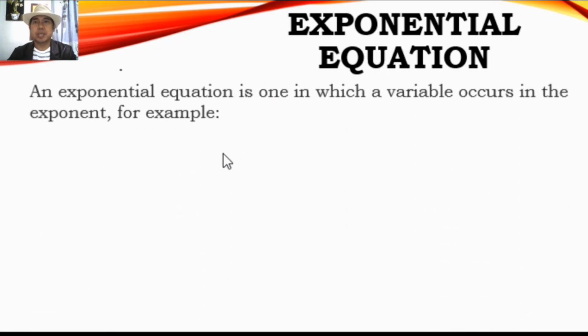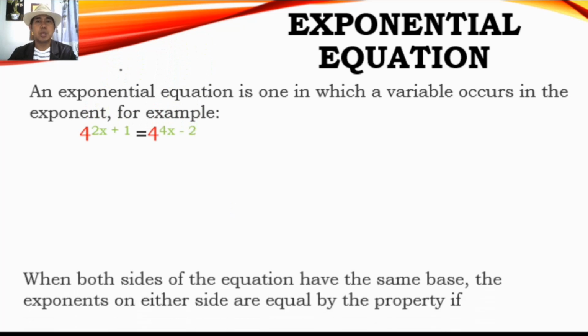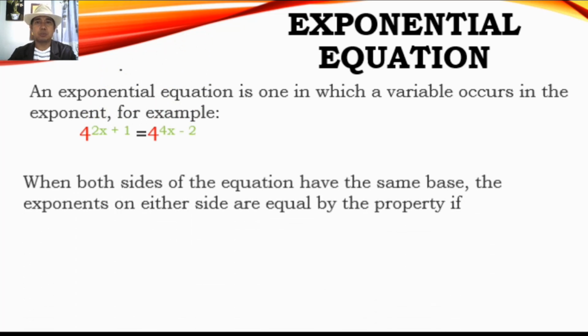When we say exponential equation, it is one in which a variable occurs in the exponent. For example, we have in here 4 raised to 2x plus 1 is equal to 4 raised to 4x minus 2. You notice that both sides of the equation have the same base.